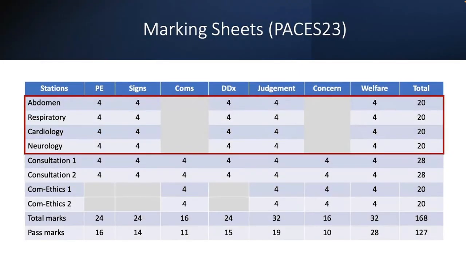In terms of the marking scale, I want everyone to be aware that the components for the short cases are all the same. Physical examination: the examiner sees how we examine the patient, and what signs we elicited and presented.